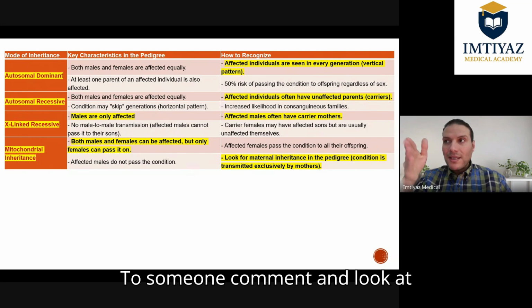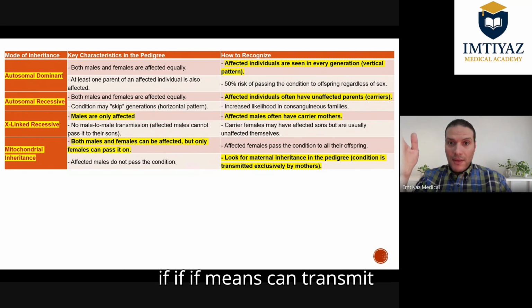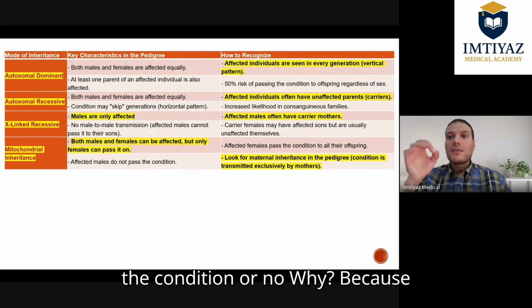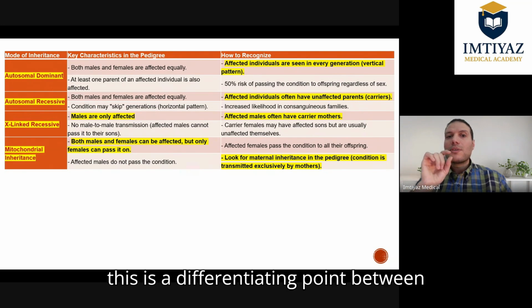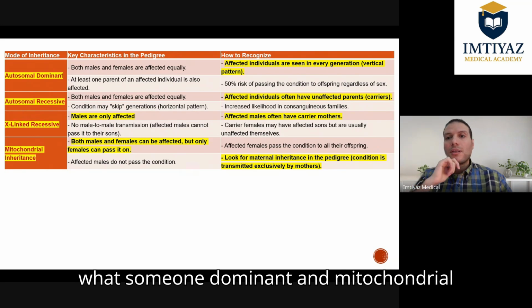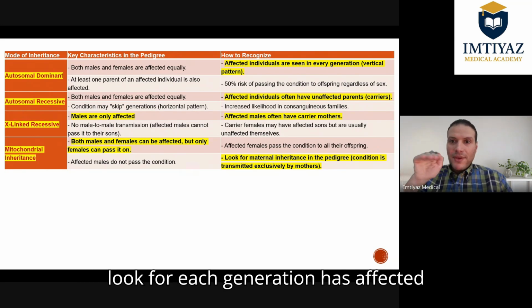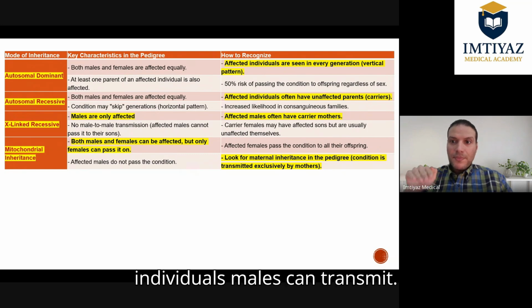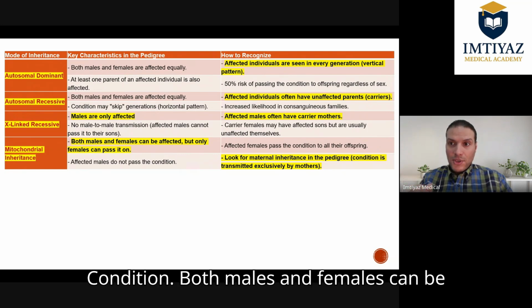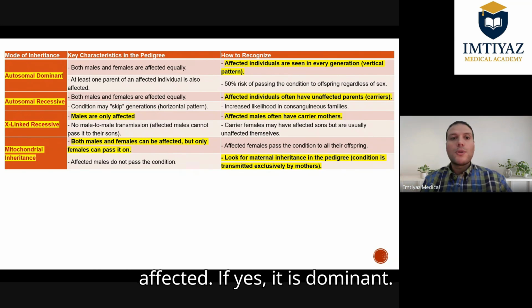And look at whether males can transmit the condition or not. Why? Because this is a differentiating point between autosomal dominant and mitochondrial inheritance. So what you need to look for: each generation has affected individuals, males can transmit the condition, and both males and females can be affected. If yes, it is autosomal dominant.